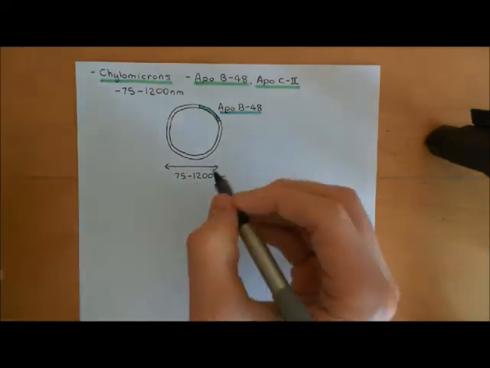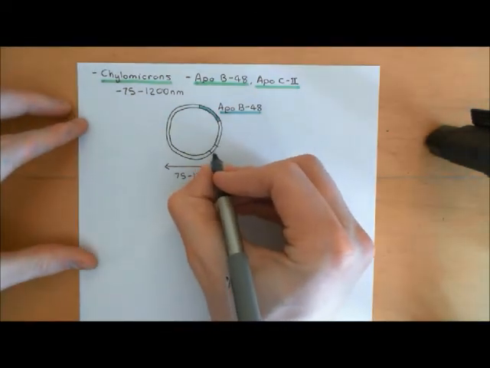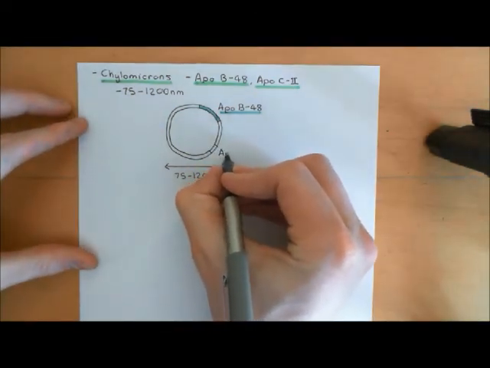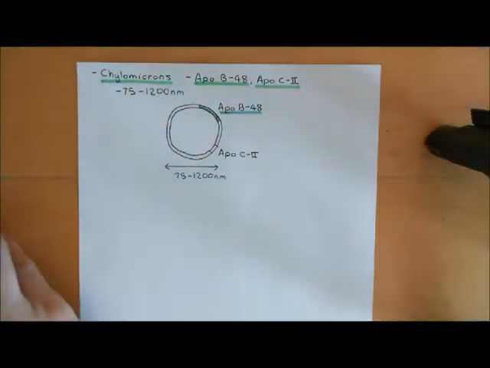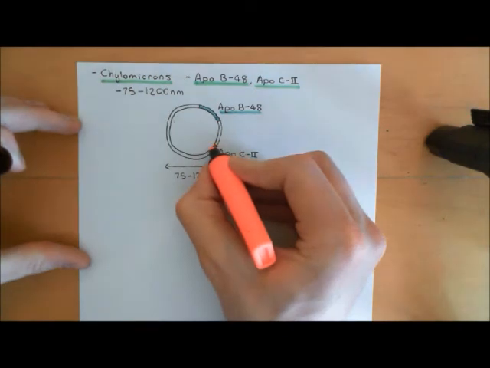And now let's put the other important apolipoprotein on here, which is apolipoprotein C2 over here, and I'll colour in apolipoprotein C2 in red.